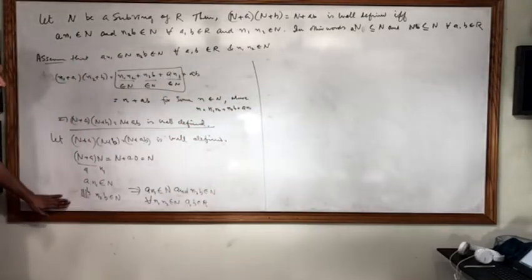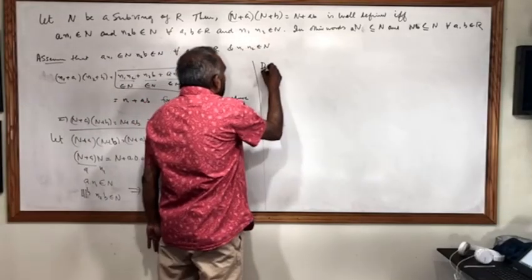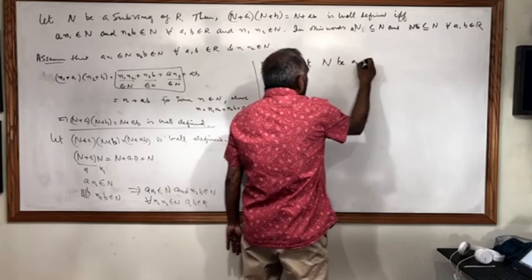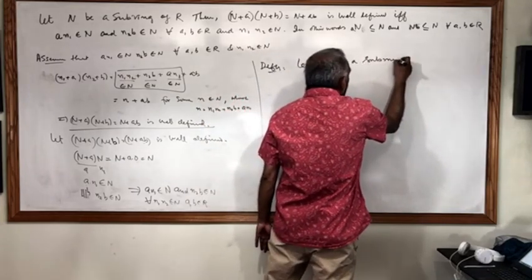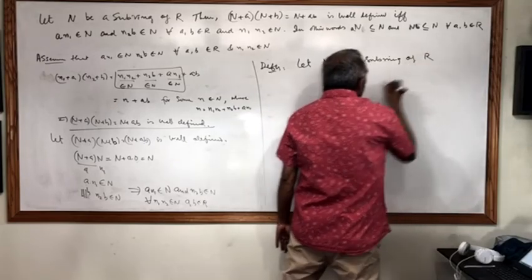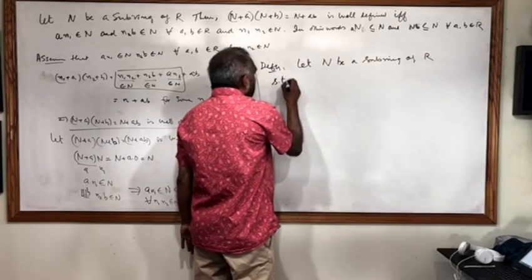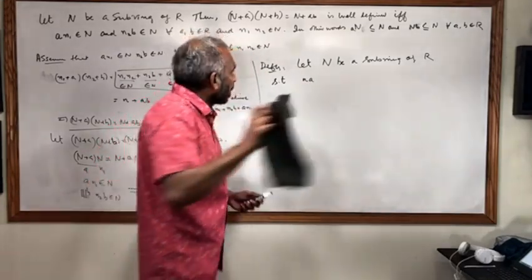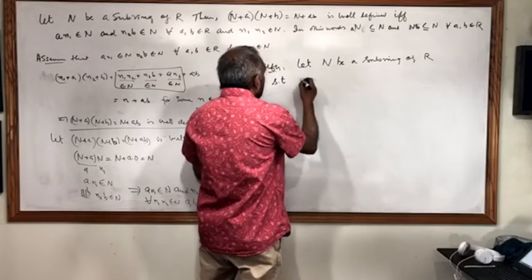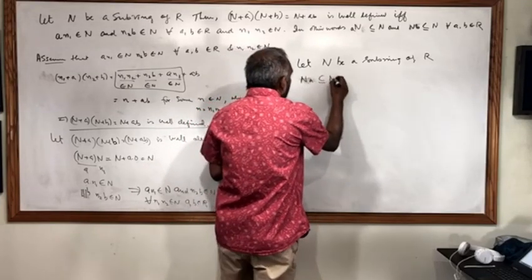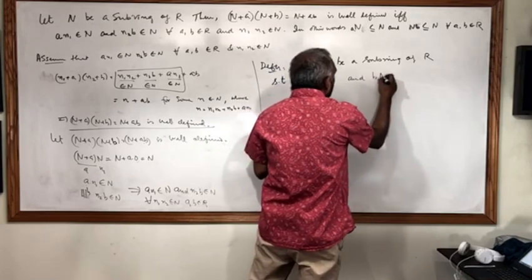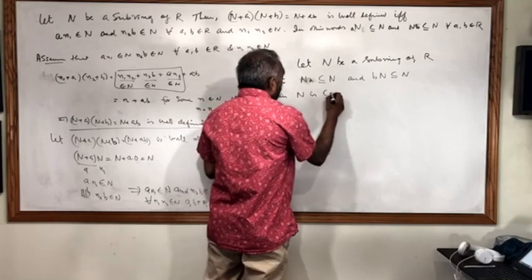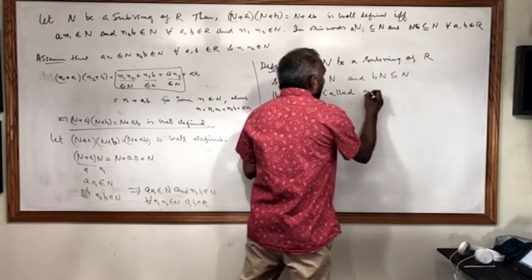So this calls for a new definition. Let N be a subring of R such that NA is contained in N and AN is contained in N. Then N is called an ideal.